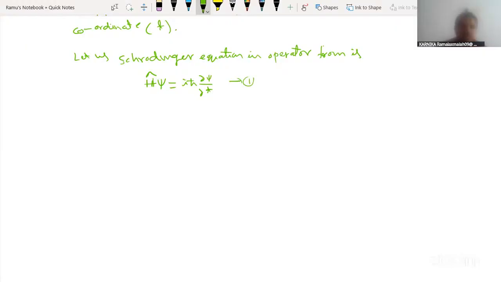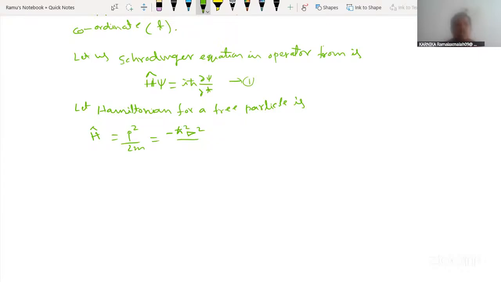So second one is let the Hamiltonian for a free particle be H cap is equal to p square by 2m, is equal to minus h cut square delta square by 2m.